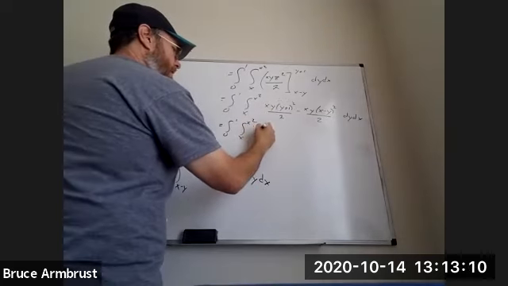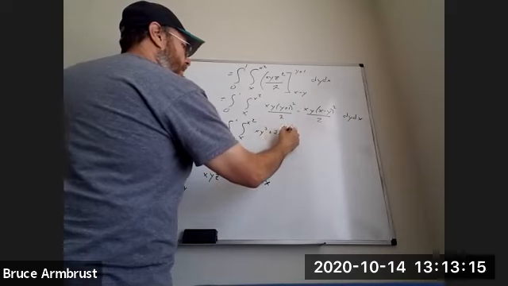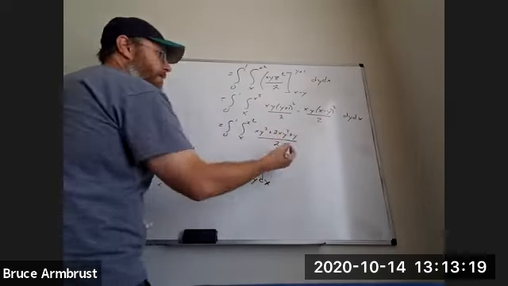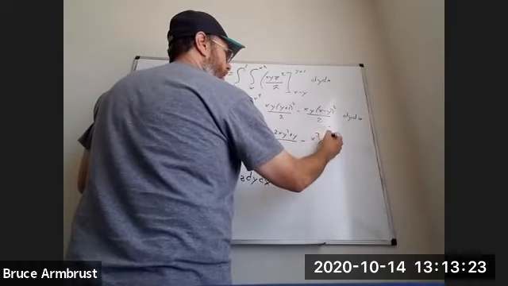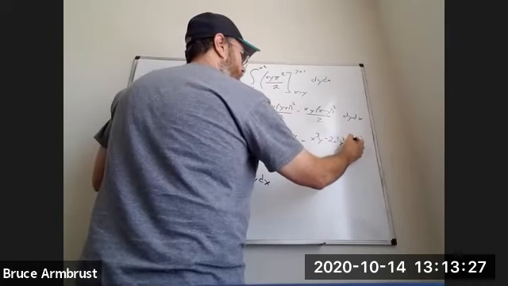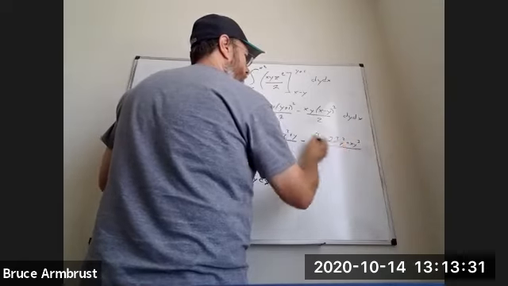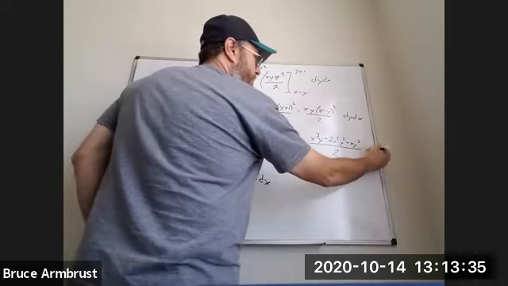When I distribute through, I'm going to get xy cubed plus 2xy squared plus y, that's all over 2, minus x cubed y minus 2x squared y squared, minus, or sorry, plus xy cubed over 2.